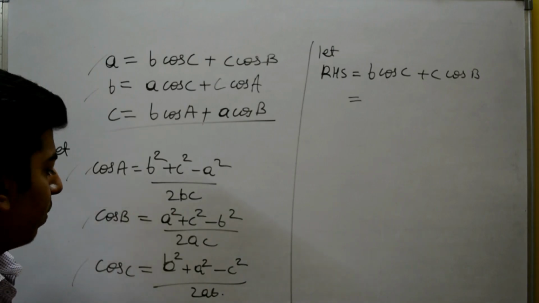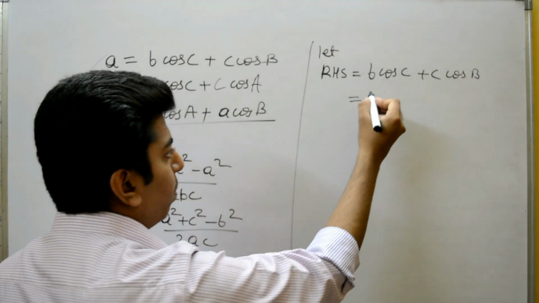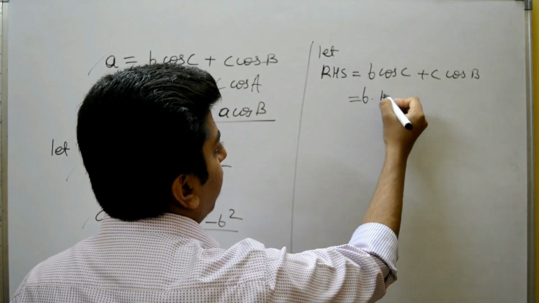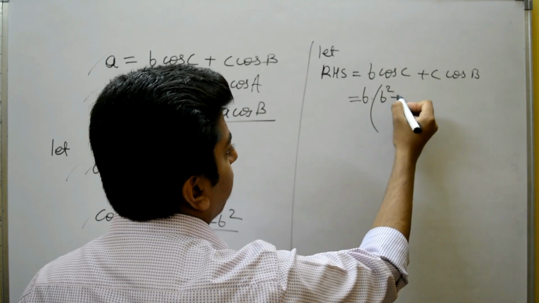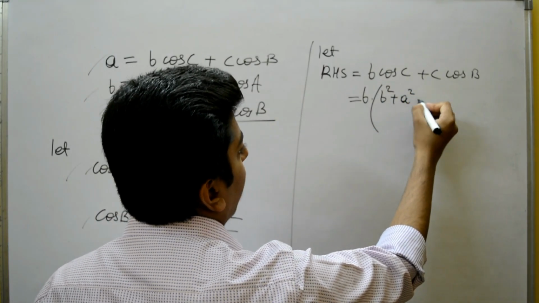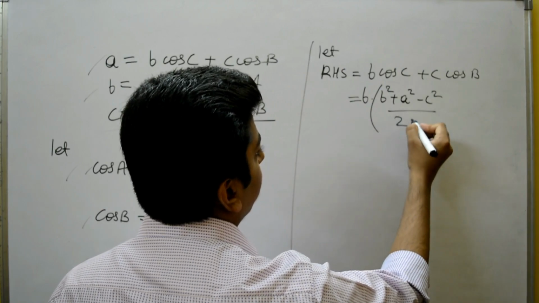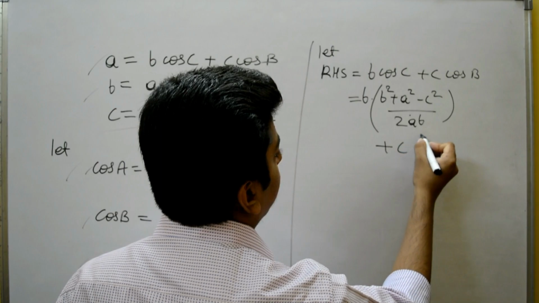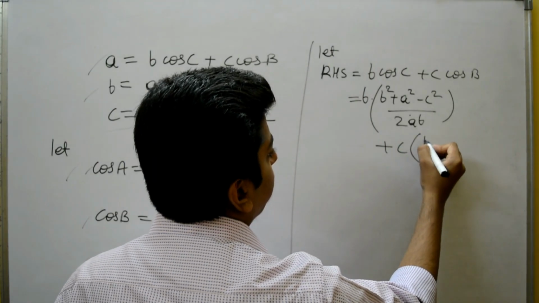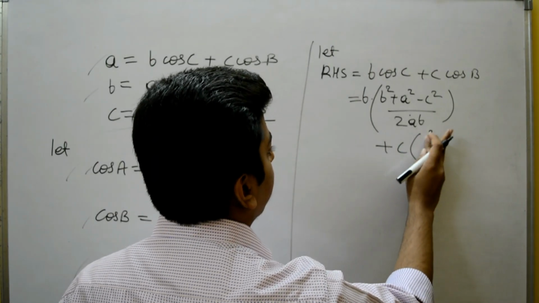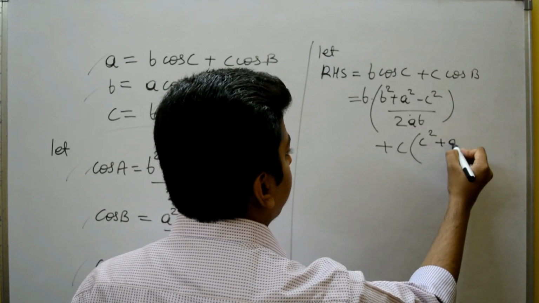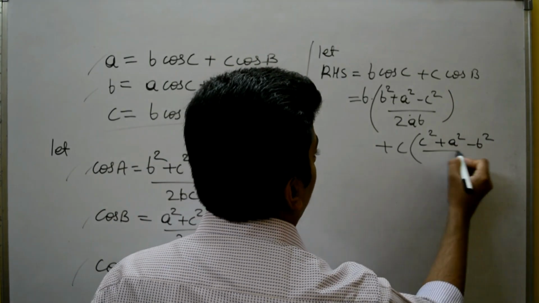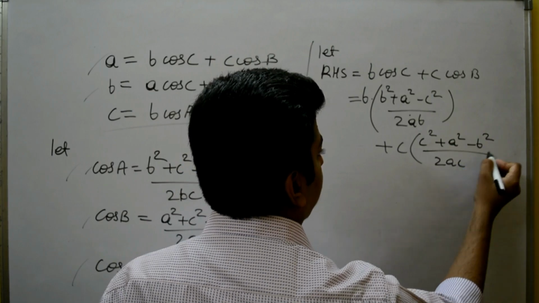So B into b square plus a square minus c square upon 2ab, plus C into c square plus a square minus b square upon 2ac.